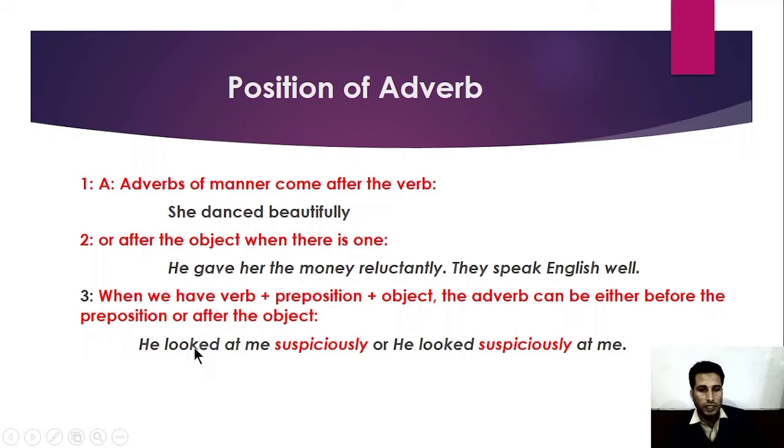For example, he looked at me suspiciously. At is the preposition, me is the object, and suspiciously is the adverb. Or we can put this adverb before the preposition. For example, he looked suspiciously at me. So it is placed before at, which is a preposition here.